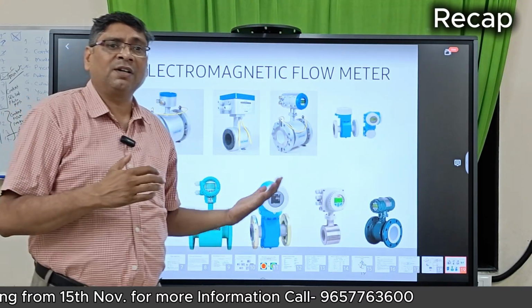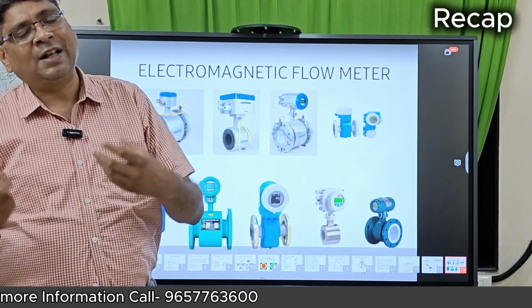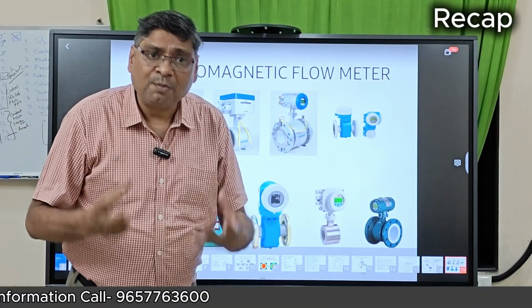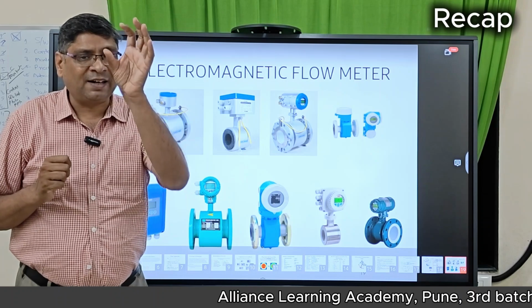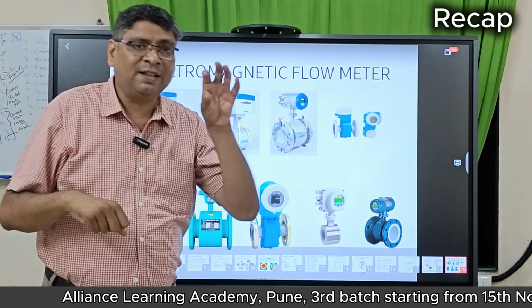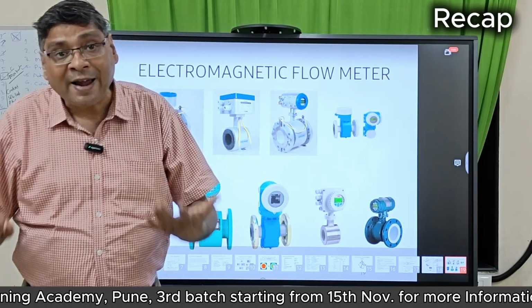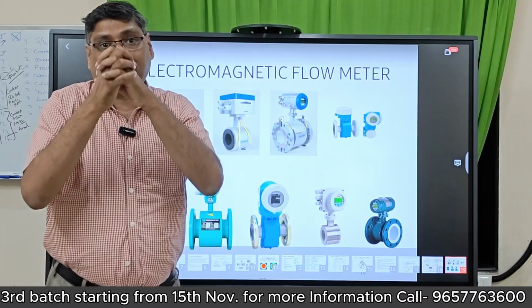We are now measuring steam or gases, so we have to do NTP and STP corrections, therefore the density compensation. So this is not only a delta P transmitter; we also have one pressure transmitter and a temperature transmitter for doing this density compensation. Why? Because steam and gas are compressible fluids.